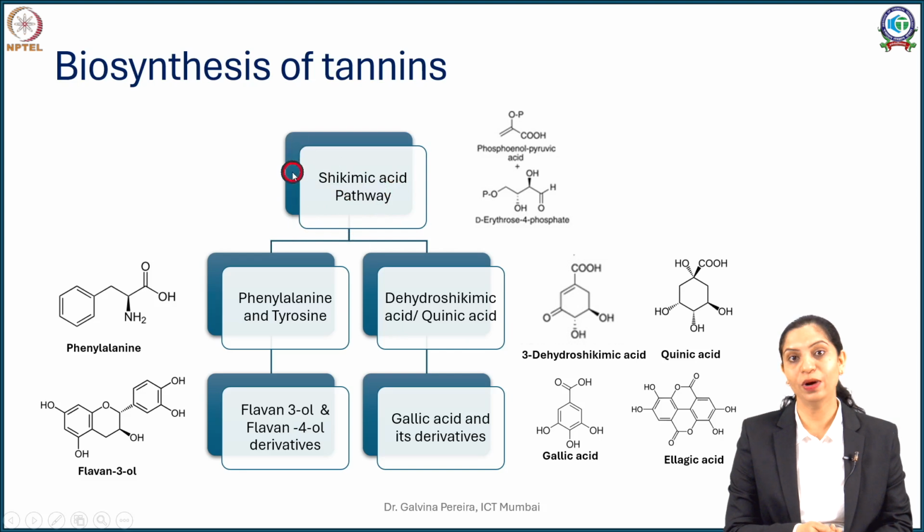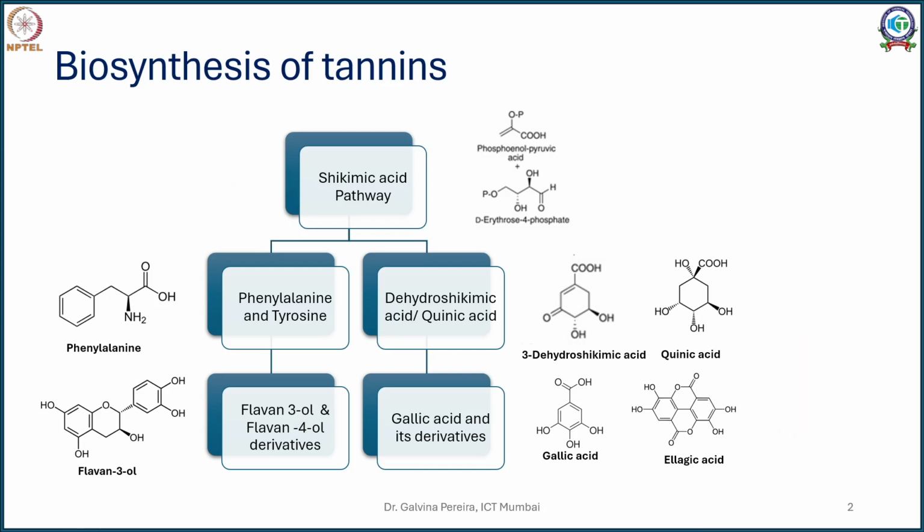leads to amino acids called phenylalanine, tyrosine and tryptophan. So let's take the case of phenylalanine. When you see the structure of phenylalanine, you can see here this is essentially a 6-carbon moiety, that is a phenyl moiety attached to 1, 2, 3.